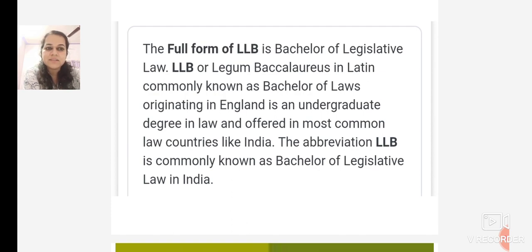Legum Baccalaureus is Latin, commonly known as Bachelor of Laws. Originating in England, it is an undergraduate degree in law and is offered in most common law countries like India. The abbreviation LLB is commonly known as Bachelor of Legislative Law in India.